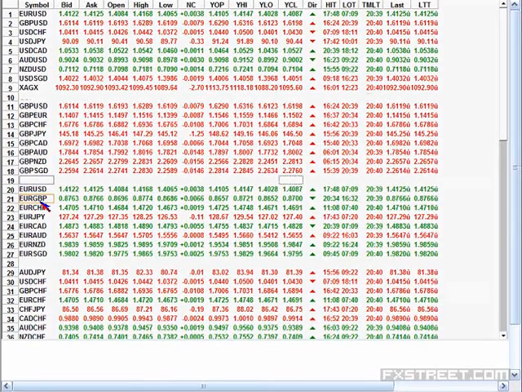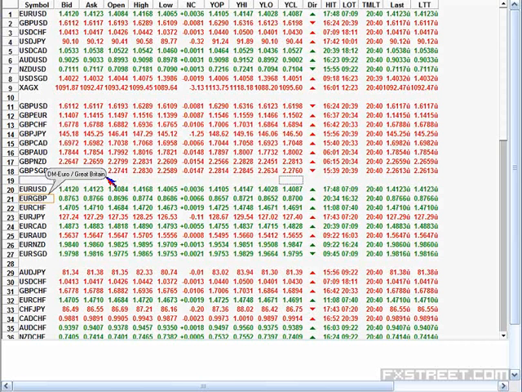So what happened is euro pound has already bottomed, right? But the euro USD has not given us a confirmation. You must understand how the market works, because the crosses trade against each other. So sometimes the crosses might turn first before the majors turn. So you must understand that euro pound has already turned.